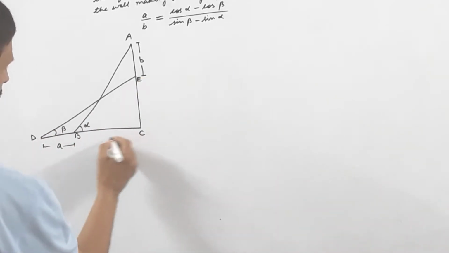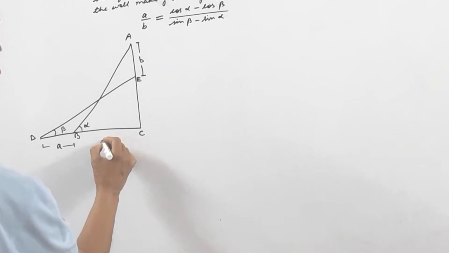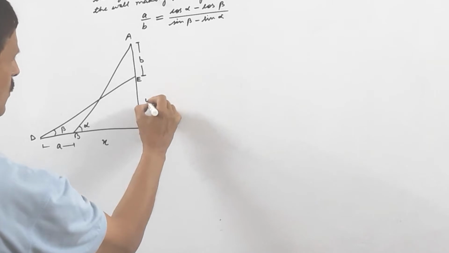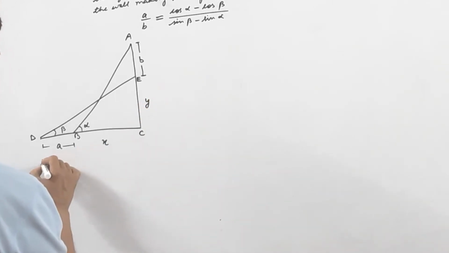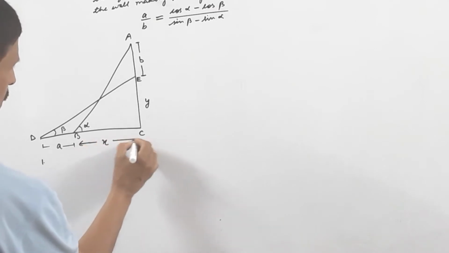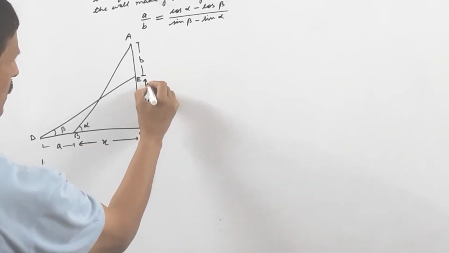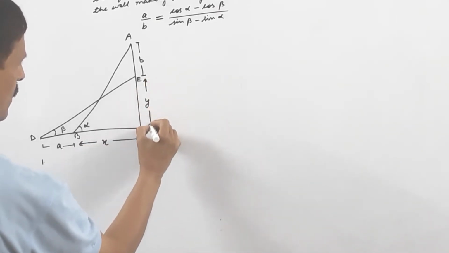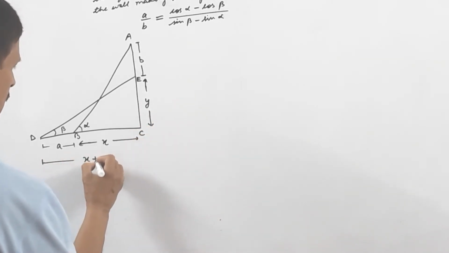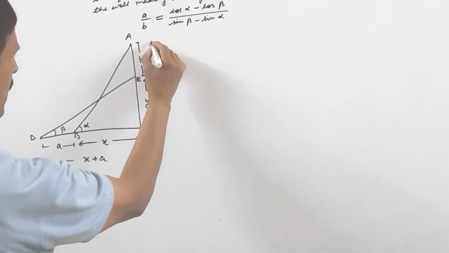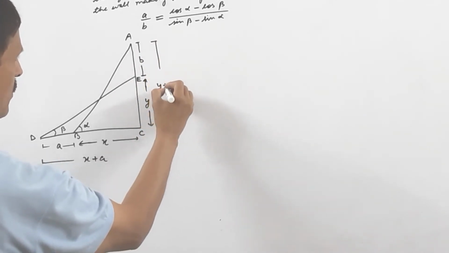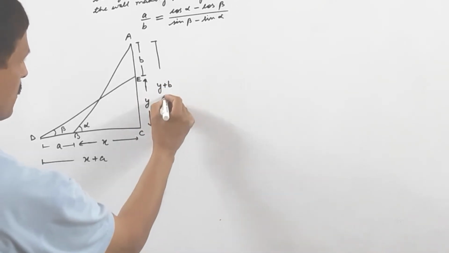We consider BC as x and AC as y. Therefore, DC is equal to x plus a and AC is equal to y plus b.